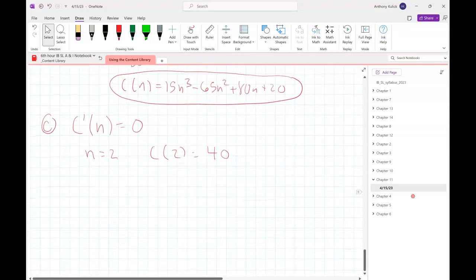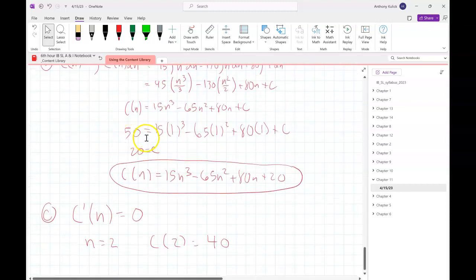So the minimum is at 2,000 pairs of sunglasses, and the cost would be $40,000. You guys cool?